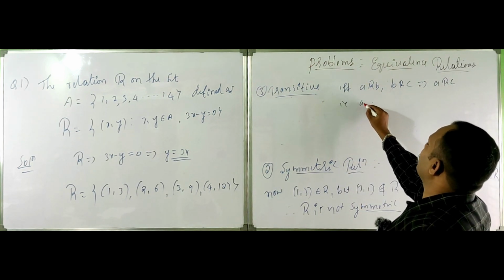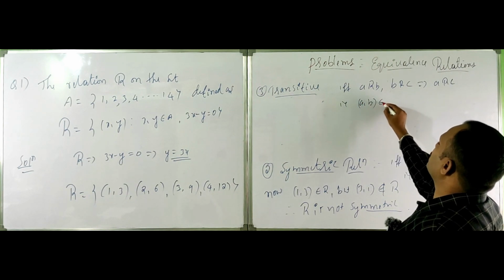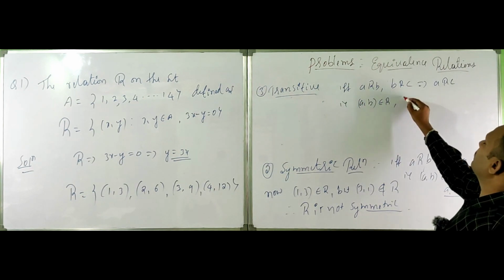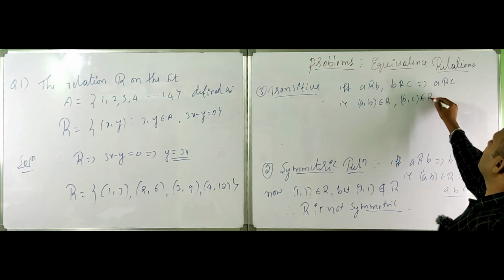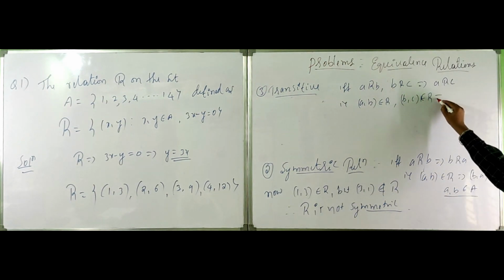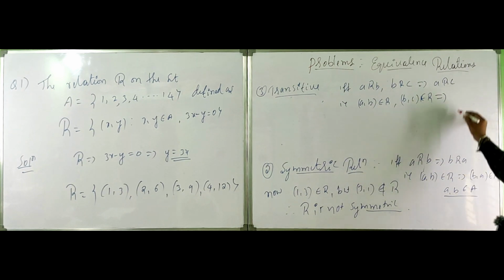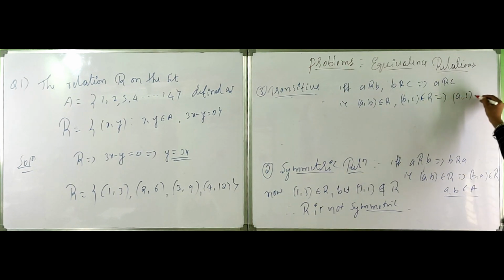In terms of sets, I am writing: (a, b) belongs to R and (b, c) also belongs to R implies that (a, c) belongs to R is the condition.